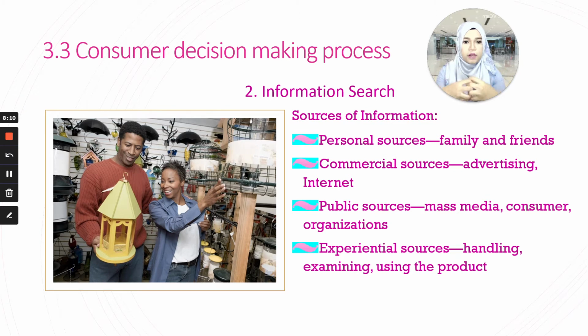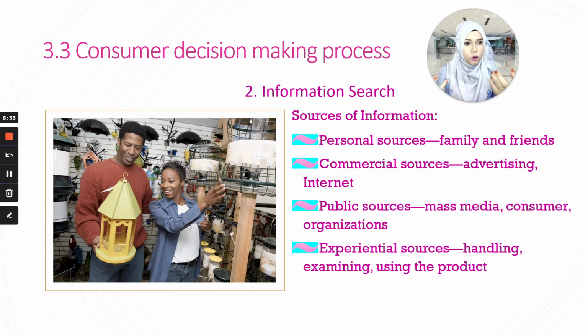Next is public sources, which are from the mass media, all right, from other consumers or organizations, whereby you can actually also look at the public sources from the blogs or from the forum, okay, online forum. Typically they do discuss certain products, right? So you'll be able to search for information from them. So they are your public sources.